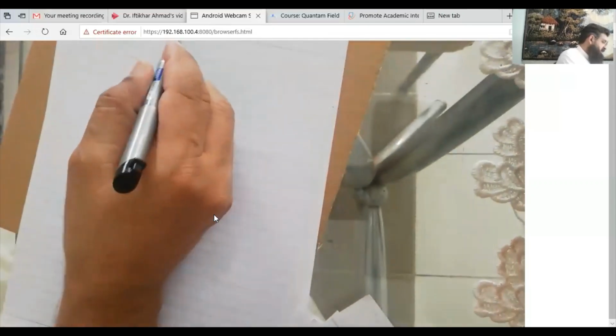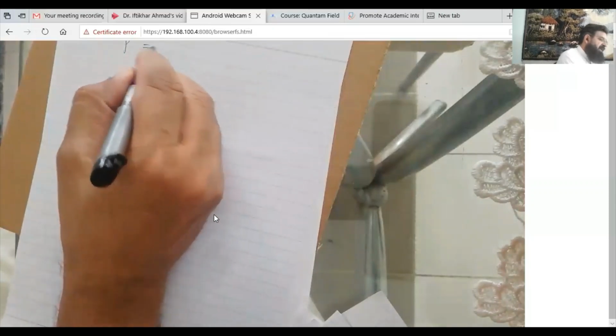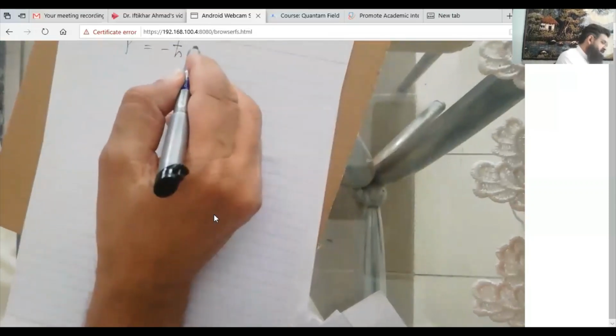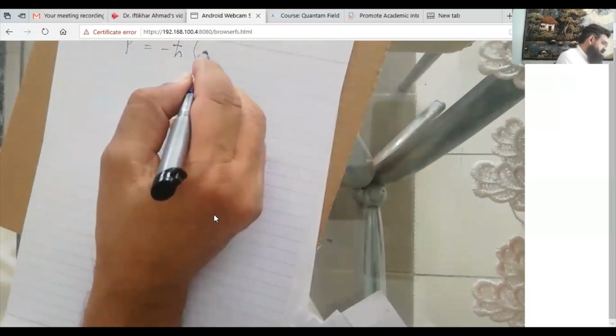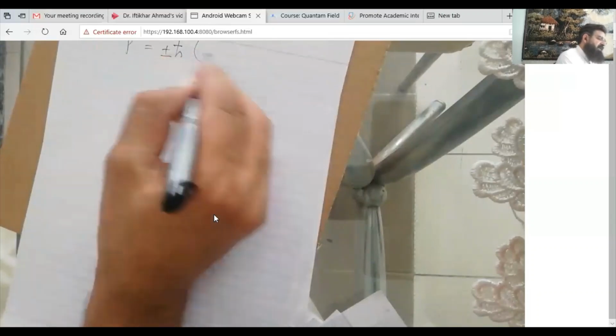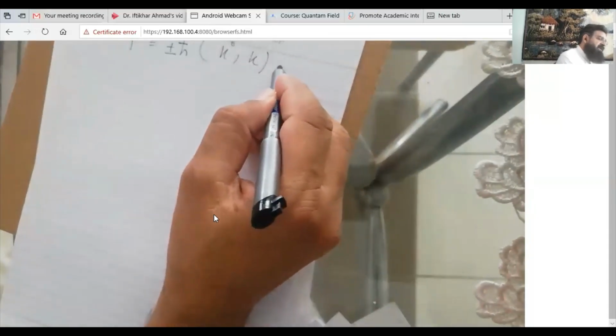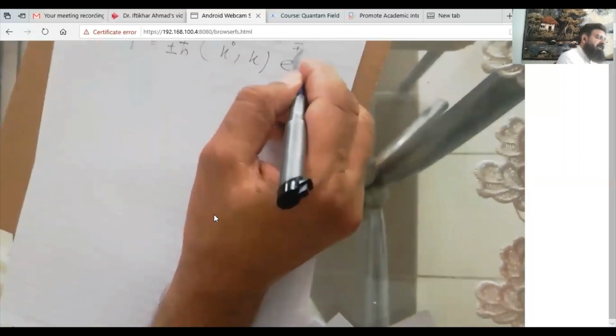Then again, P_mu is equal to minus h-cut times plus minus (k_0, k) e raised to power minus plus iota k·x.